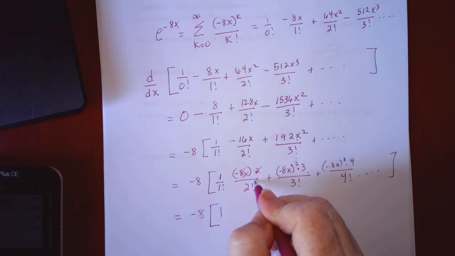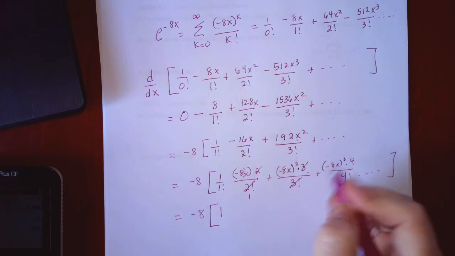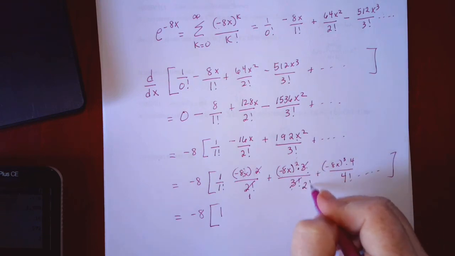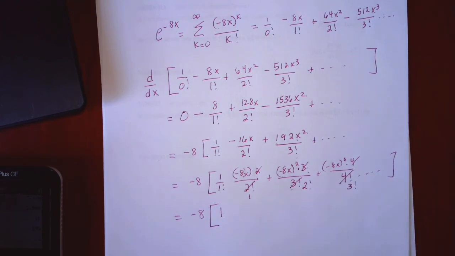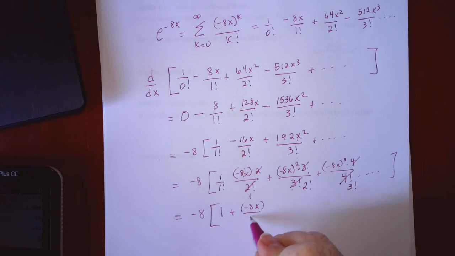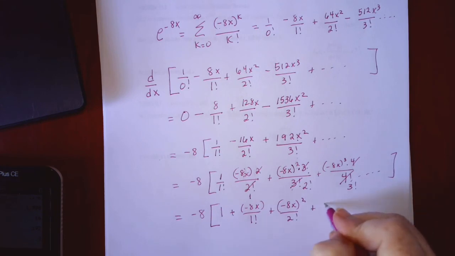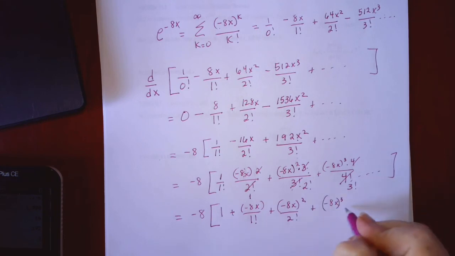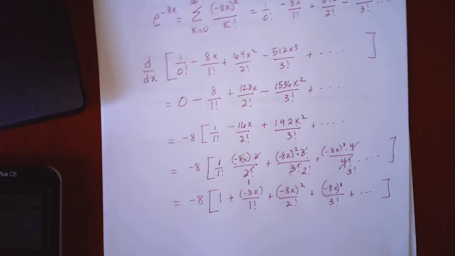This 2 will cancel with that and leave a 1 factorial. This 3 will cancel with that. 3 over 3 factorial is 2 factorial. 4 over 4 factorial is 3 factorial. So we end up with negative 8x over 1 factorial plus a negative 8x squared over 2 factorial plus a negative 8x cubed over 3 factorial, and so on and so forth.